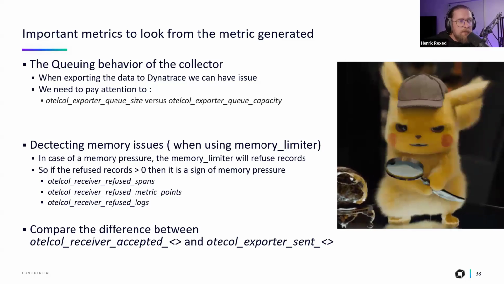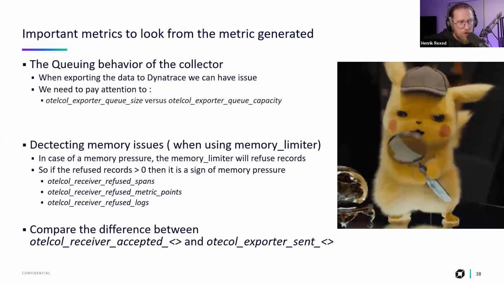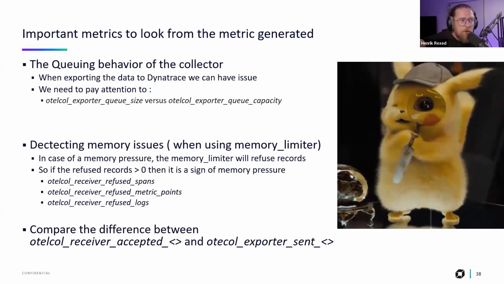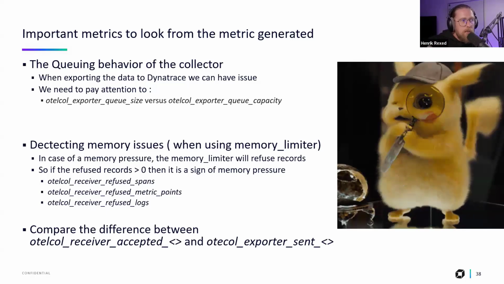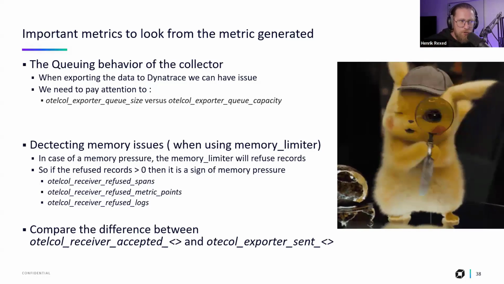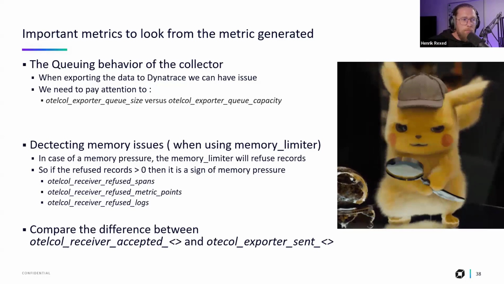Refusing means that it will send the data back to the receivers, because it's supposed to be the first processor. And then you will have some counters that will be populated. So if you have receiver refused spans, receiver refused metric points, or receiver refused logs, it means there is clearly a memory pressure somewhere, so I need to figure out what happens.